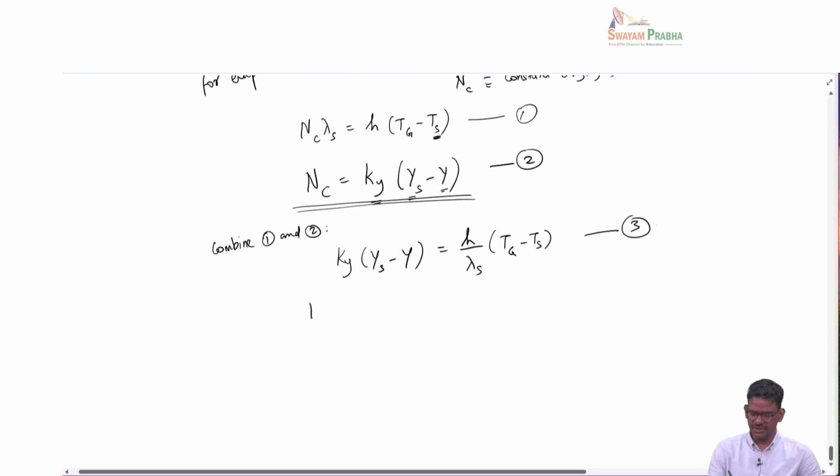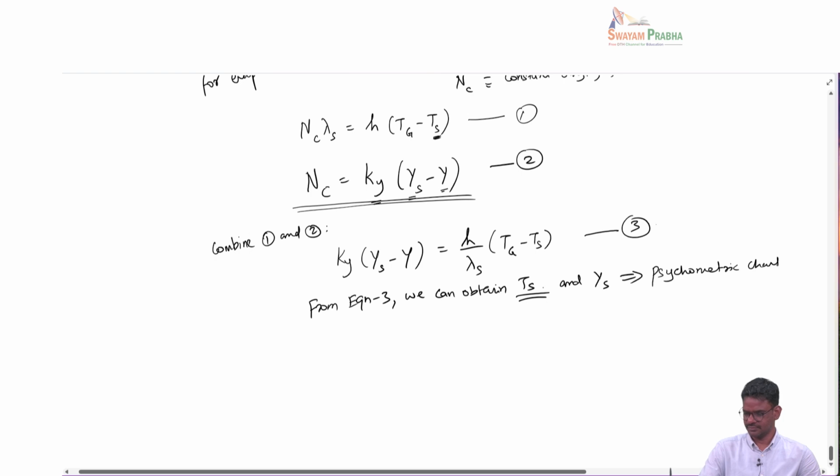Now from this equation 3, we can obtain Ts and Ys using psychrometric charts. As I said before, since we have not talked about humidification, Ts and Ys will be, let us say, given or known. Once we know Ts and Ys, we can use equation 2 to find the constant drying flux, which is Nc.